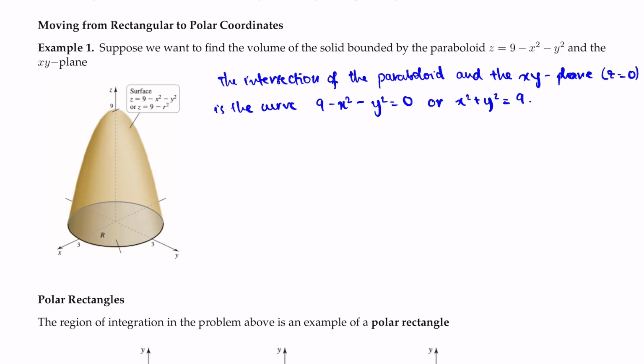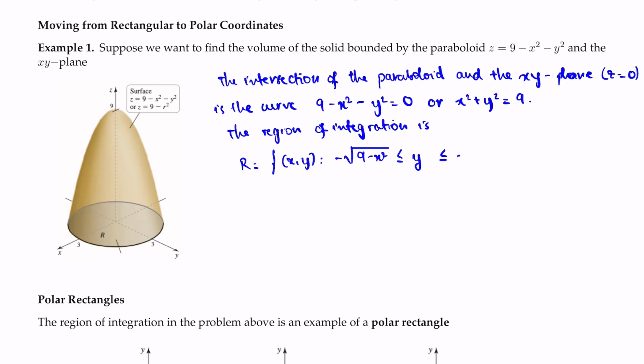The region of integration can be written as the set of all points x comma y such that y is between negative square root of 9 minus x squared and positive square root of 9 minus x squared, while x is bounded between negative 3 and 3.